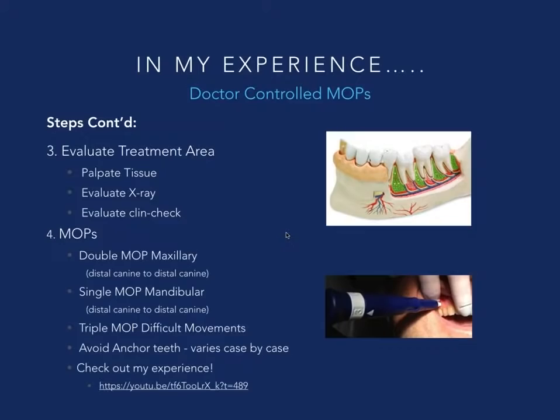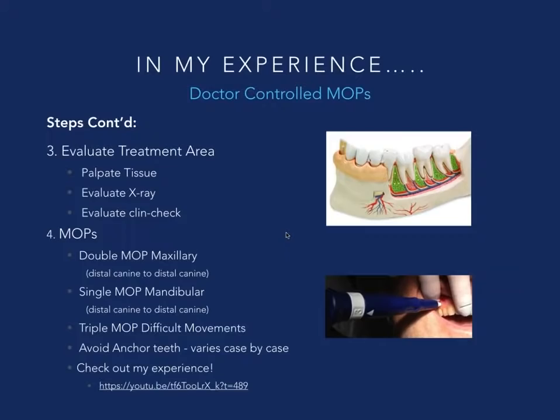The reason we single the lower, distal of canine to distal of canine, by the way, is not because double wouldn't work. It's just that I only want to penetrate the connective tissue. If you get outside of that area, you're going to get into the mucosa, and it gets a little messy. You'll get a little bit of shredding or tearing of the tissue, and so the healing time is going to be a little more painful and challenging.